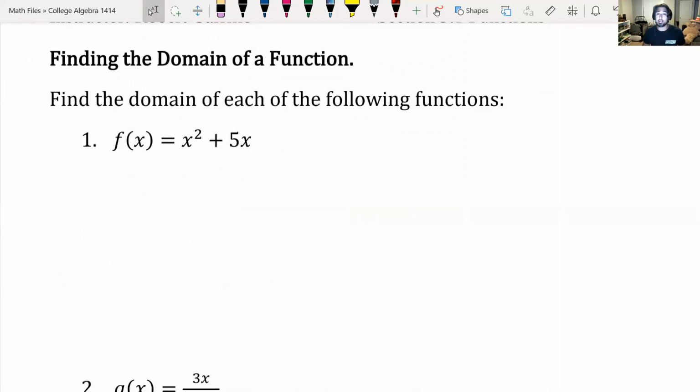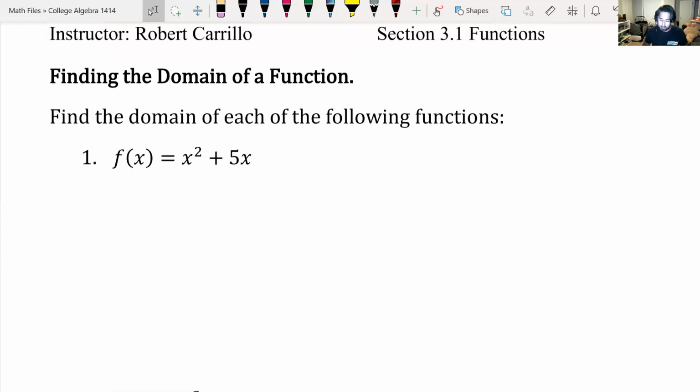All right, next is domain of a function. So in order to find the domain of a function, you have to know what type of function we are dealing with. So knowing the category, knowing the type of function is essential to find its domain. So number one, we have f of x equals x squared plus 5x.